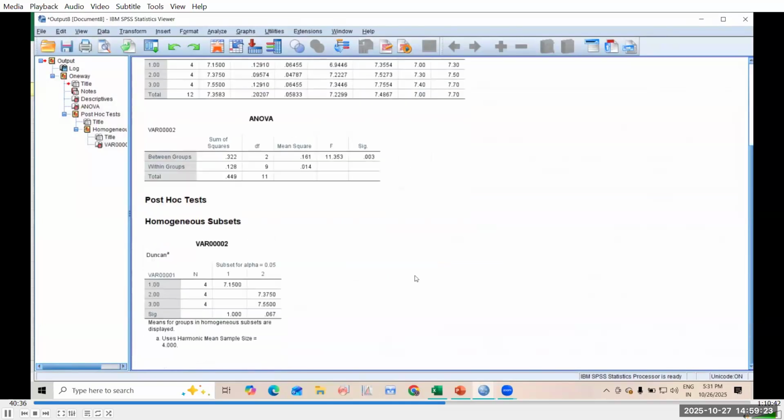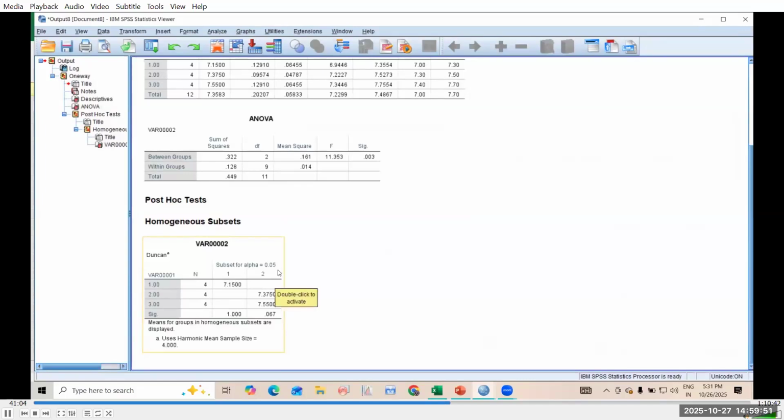But in the post-hoc test, as we have taken the Duncan test, here we can see that 1, meaning 30% of amplitude, differs significantly from the rest of the amplitudes, like 60% and 90%. Here you can see in a table that it is showing subsets 1 and 2.